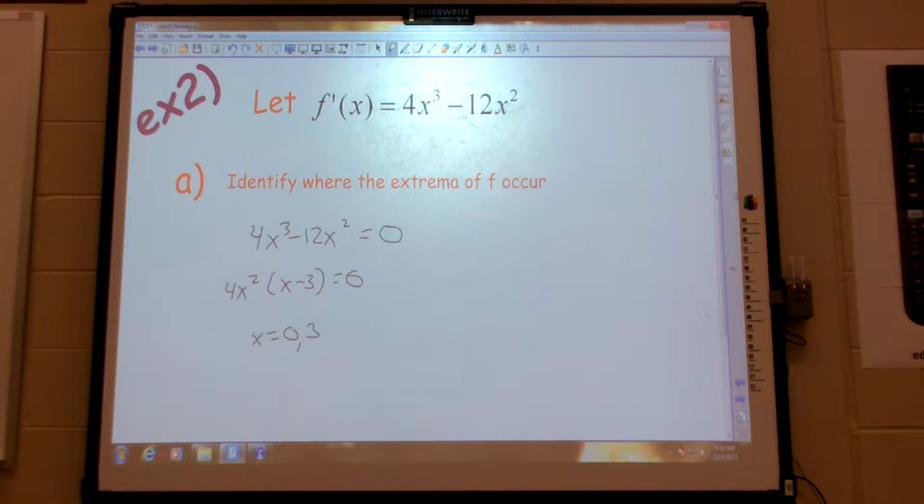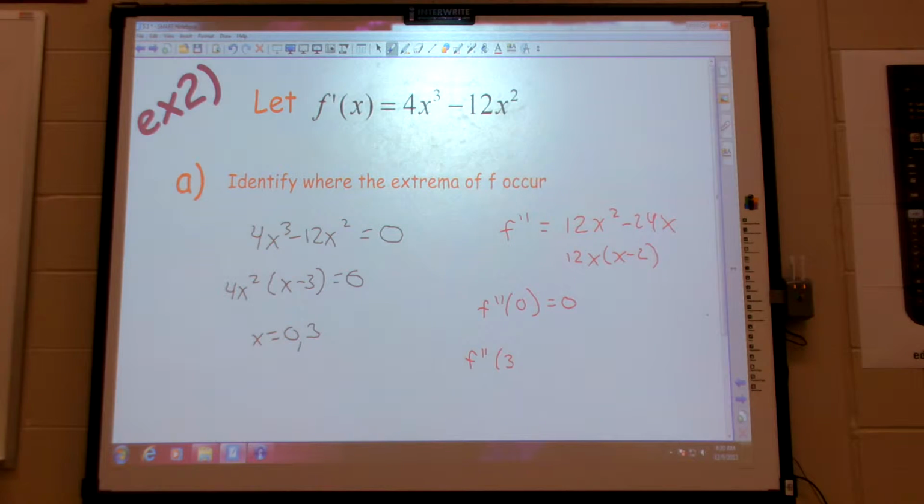So now, second part of the second derivative test. Just find the second derivative. What's the second derivative? 12x squared minus 24x. Now, I'm going to go ahead and factor this. I don't really need to, but it helps to plug in. So I want to know f double prime of 0, positive or negative? It's 0.